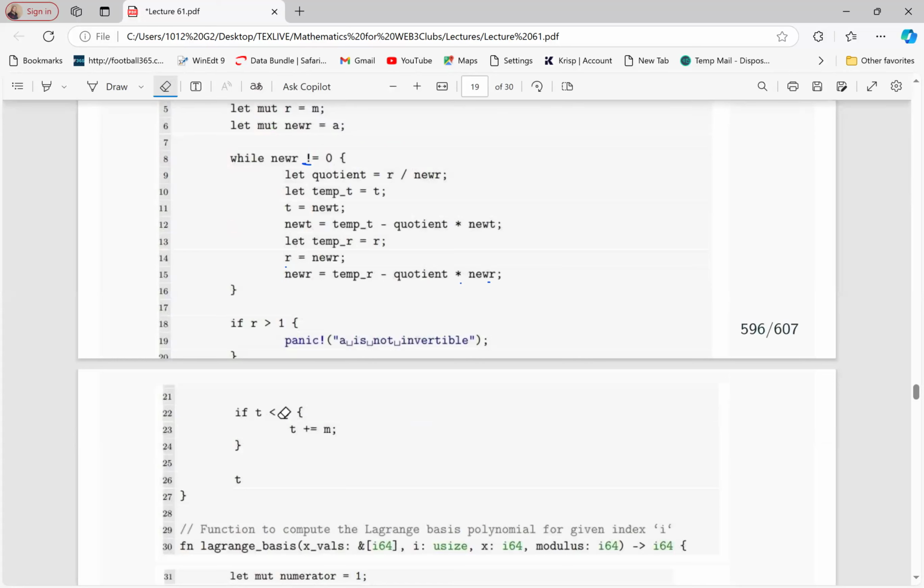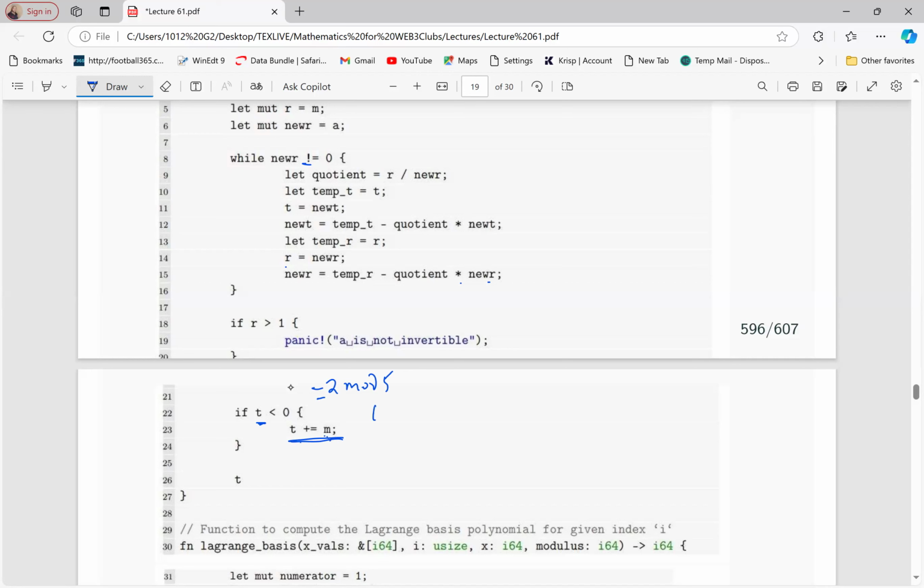Now, if t is less than 0, remember t is the inverse, and you're getting the inverse of a number mod m. So t becomes t plus m.